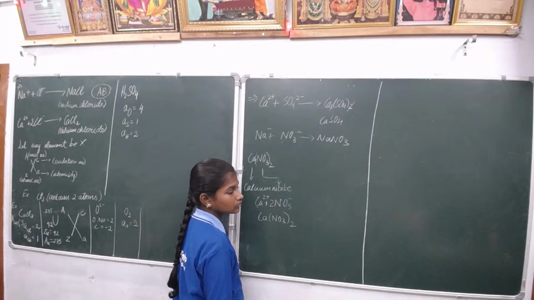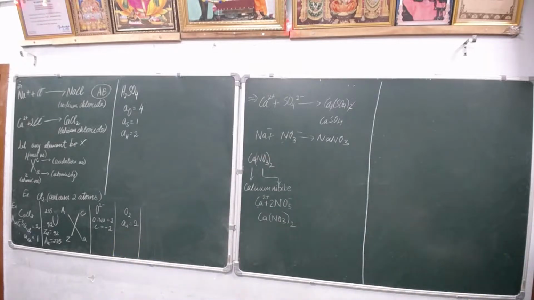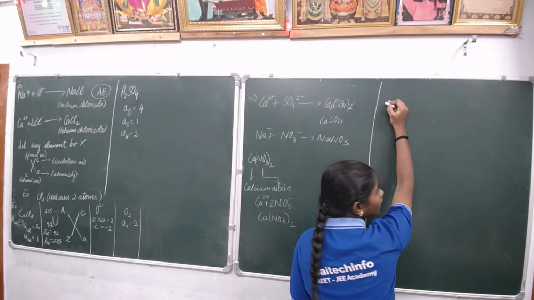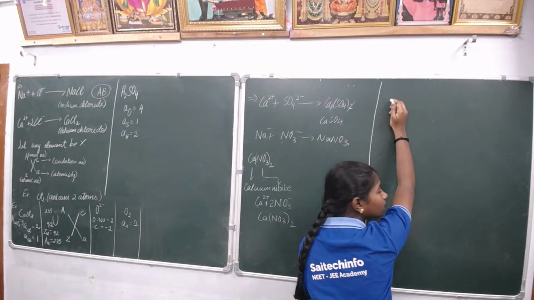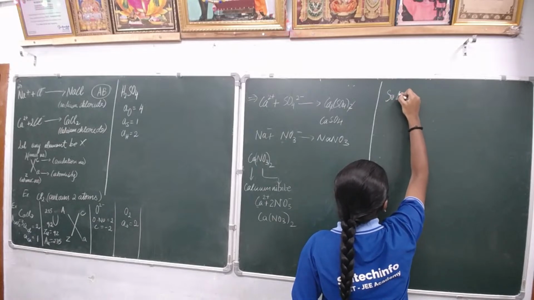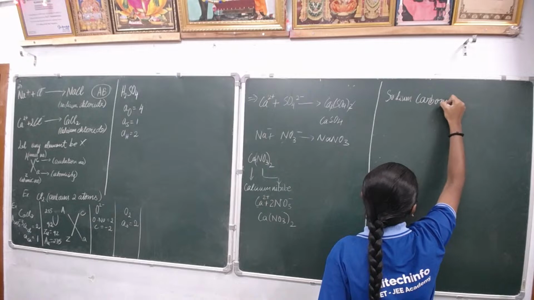Got it? I will give you some exercise. Try to do that. Take down. You can write here: sodium carbonate. Can anyone write sodium carbonate? How to write sodium carbonate? Sodium is Na+.